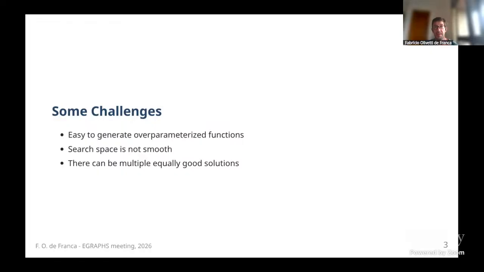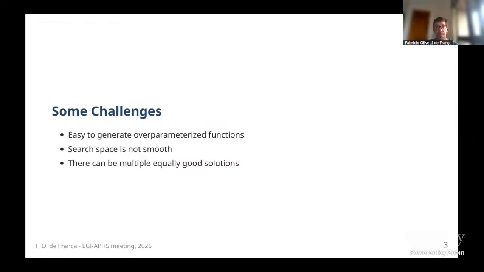Also, the search space is not smooth, so any perturbation that we apply to a mathematical function can change the behavior of the function to such an extent that it skips from one region of the search space to a completely different region.